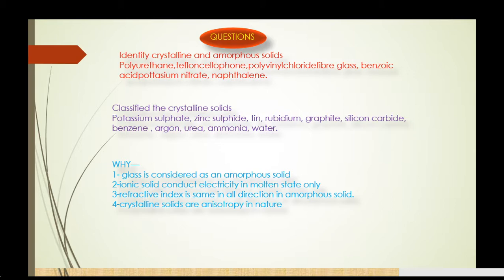That's why properties such as electrical conductance, refractive index, thermal expansions, etc., are not identical in all directions, unlike gases and liquids. That's why crystalline solids are anisotropic in nature. So these are all about the solid, crystalline solid, and amorphous solid.